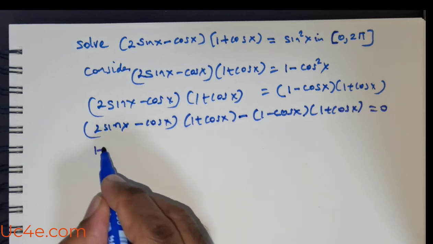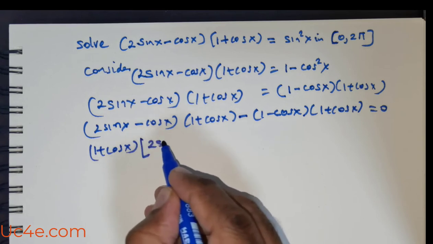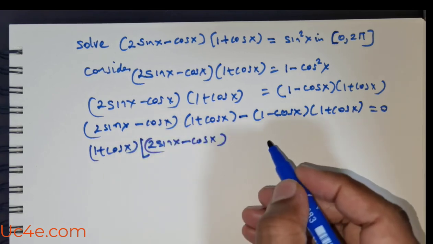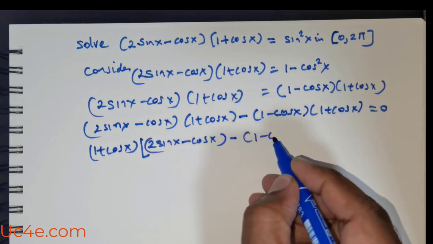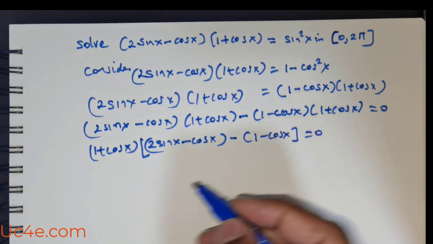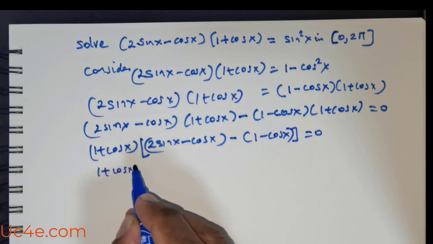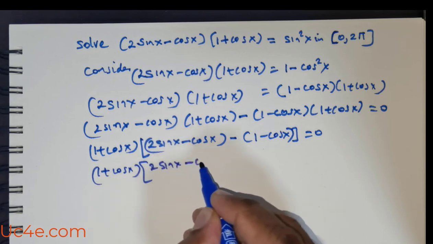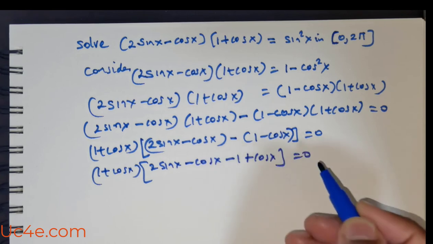I would like to take (1 + cos x) as a common factor. That would give me (1 + cos x)(2 sin x (1 - cos x) - (1 - cos x)) = 0.